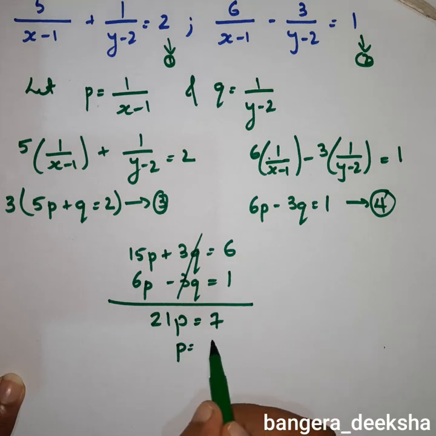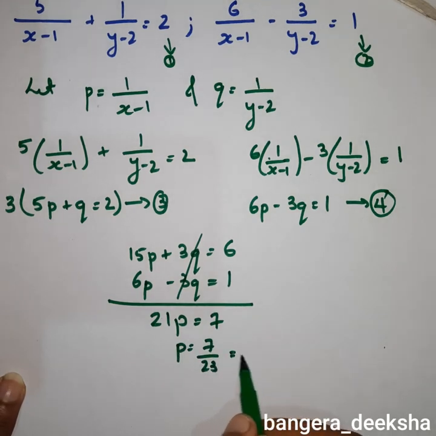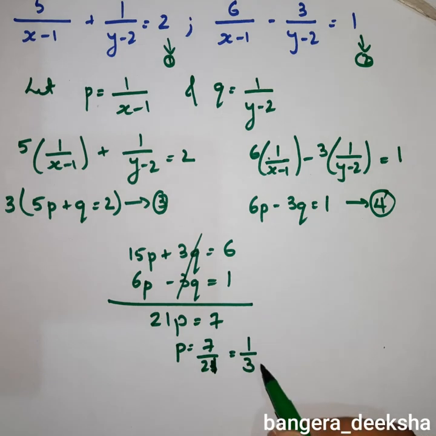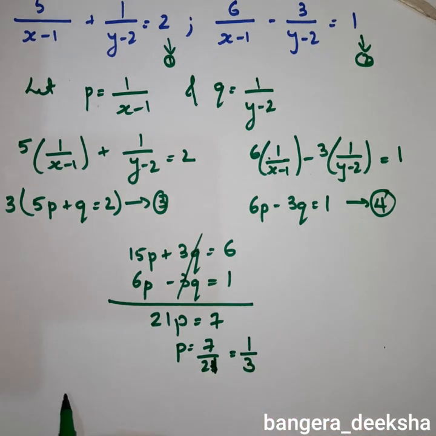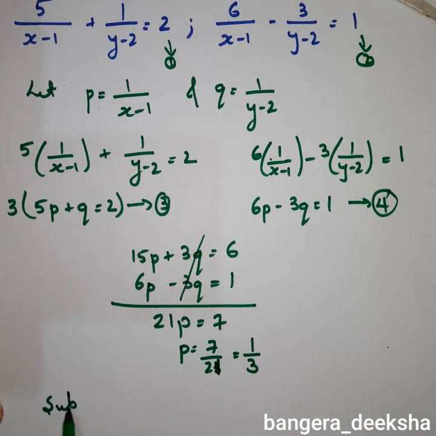So p is equal to 7 divided by 21. So that is nothing but 1 by 3. So I'll take this value, substitute p is equal to 1 by 3 in equation 3.